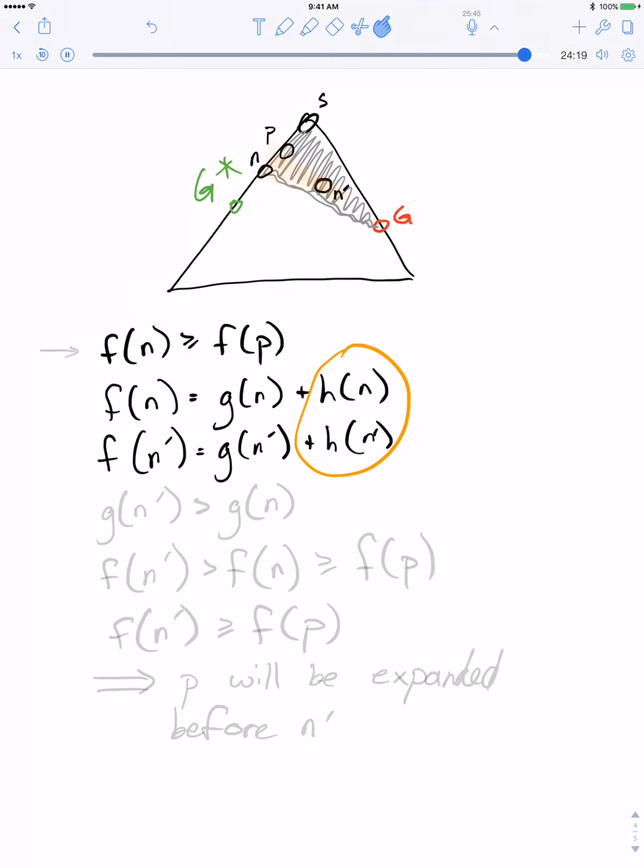So we're only comparing g of n and g of n prime. Since we said n is optimal and n prime is suboptimal, that gives us that g of n prime is greater than g of n. And therefore, f of n prime is greater than f of n.